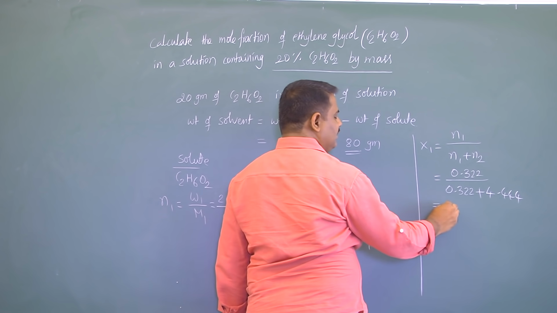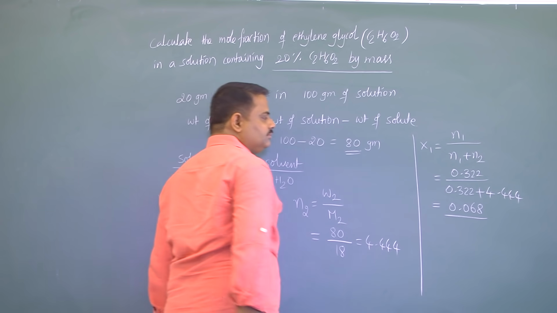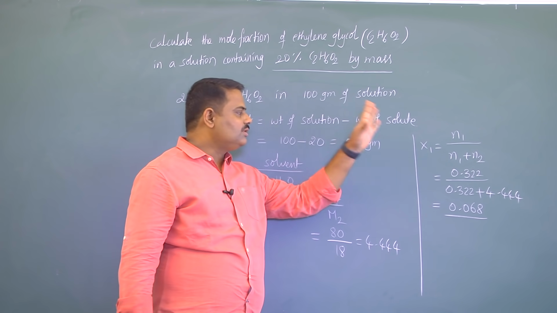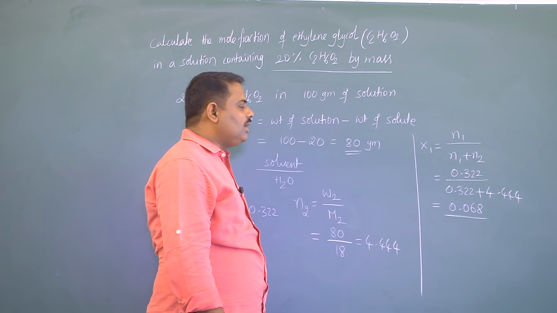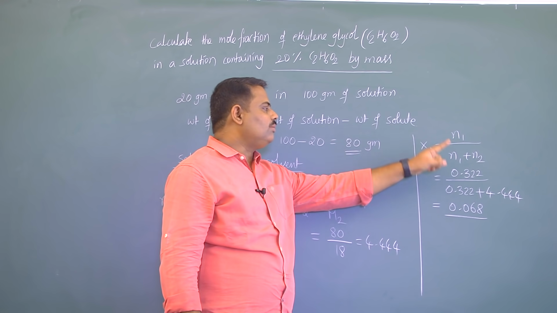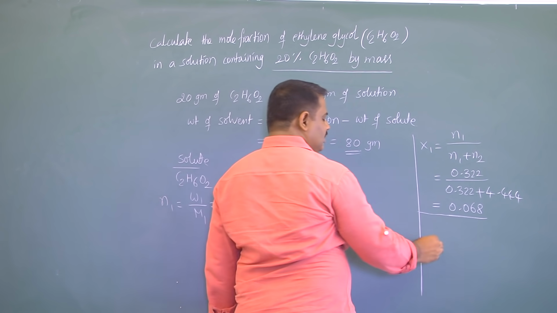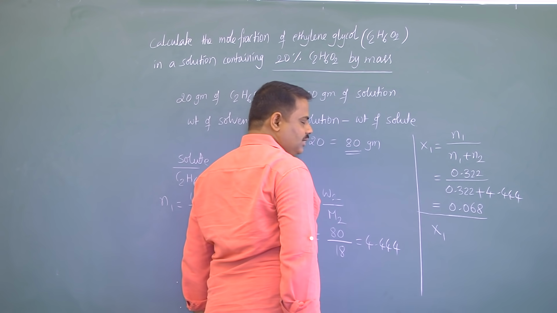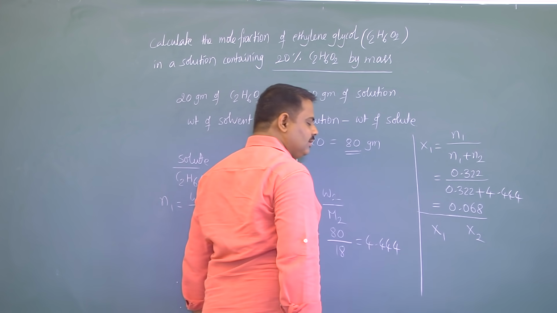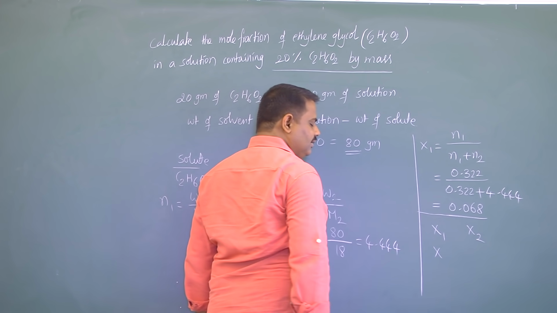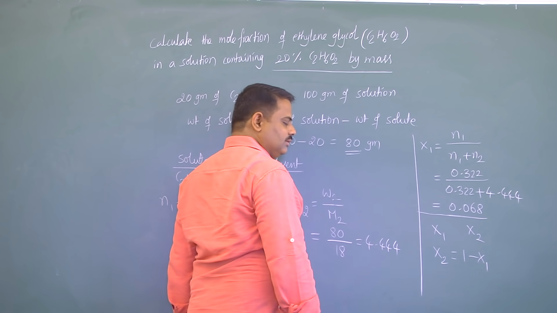The final answer is 0.068. This is the mole fraction of solute. There are no units for mole fraction because this is a ratio of number of moles. And one related point is, if you know the mole fraction of solute, we can calculate the mole fraction of solvent directly using this technique: X2 is equal to 1 minus X1.